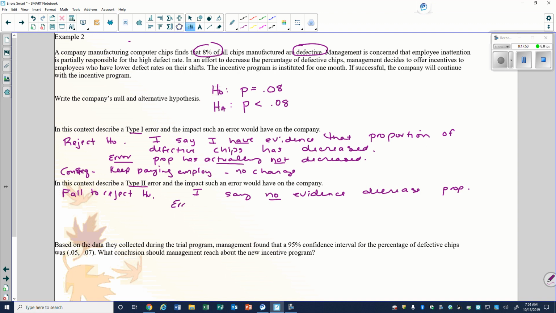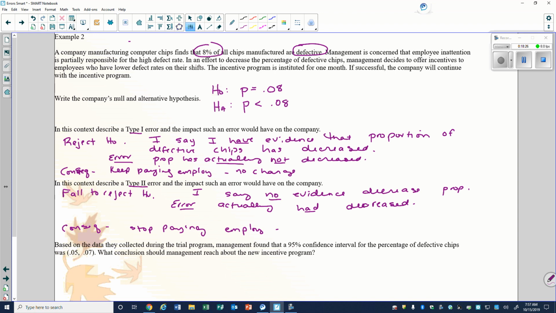And then my error would be that it actually had decreased. Okay, so the consequence of this action, if I say that it hasn't decreased, but it actually had, then I'm going to stop paying the employees and risk the chance of it actually increasing again.